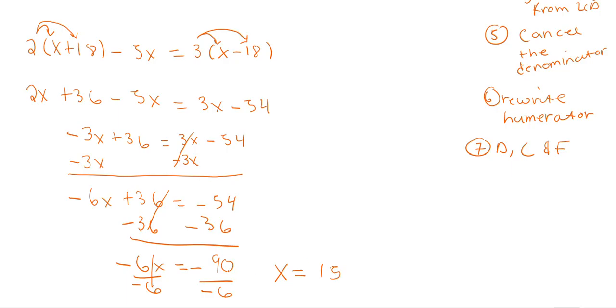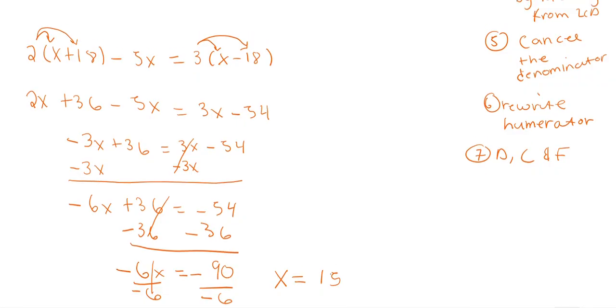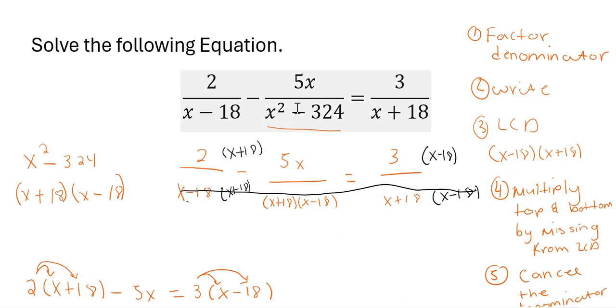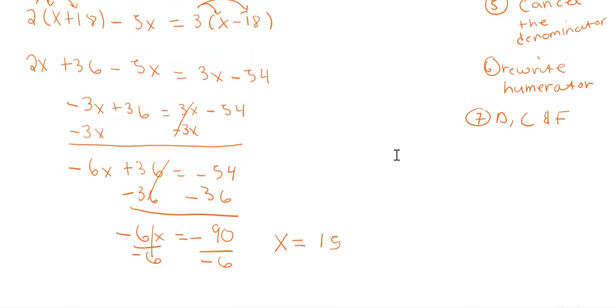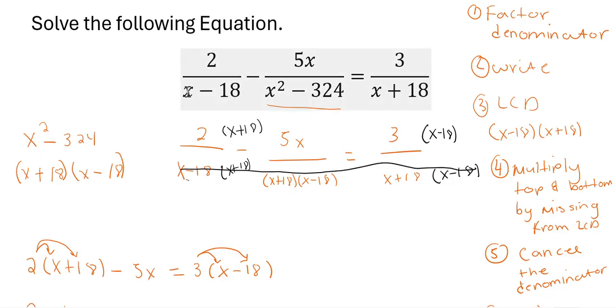Okay, because we are working with a rational equation, we need to substitute our answer back into our equation to see if it makes a denominator equal to 0. So x equals 15. If I take 15 for this x right here, I am saying 15 minus 18, that's negative 3, so that is not 0.